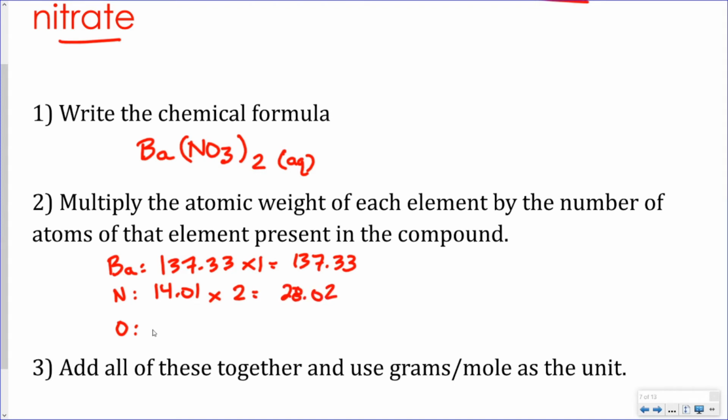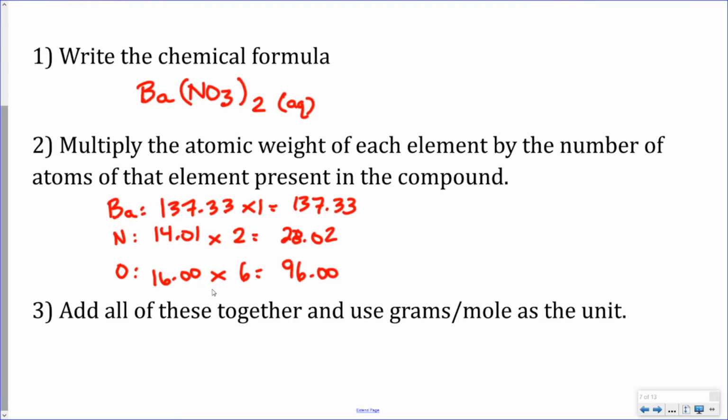And oxygen, we looked that up, it's 16.00. Those zeros are significant, so don't forget them. And we have 3 times 2 is 6. So 16 times 6 gives us 96.00. So we've got all of those. Now number 3, we just add these all together and use grams per mole as the unit.